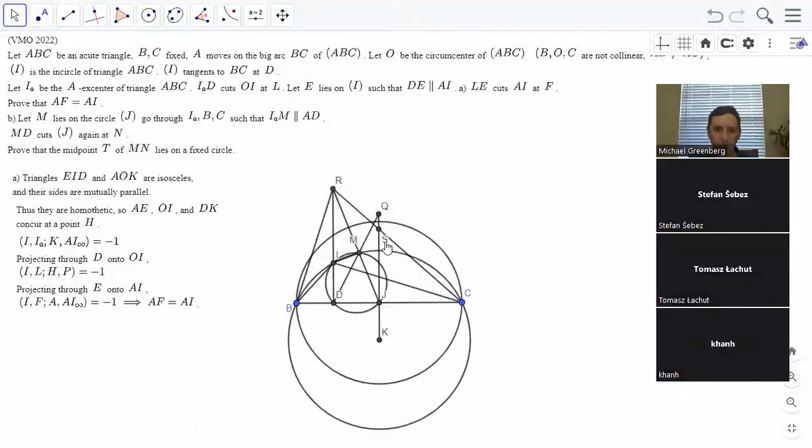And if we prove that, would that solve the problem? Because is point S fixed? We want to show that S is fixed.